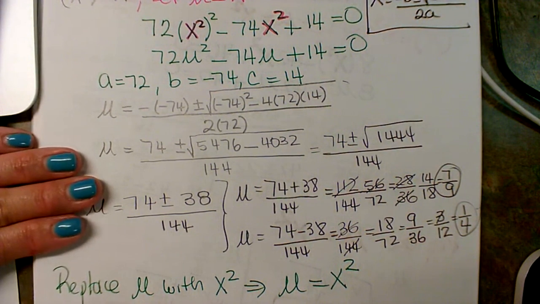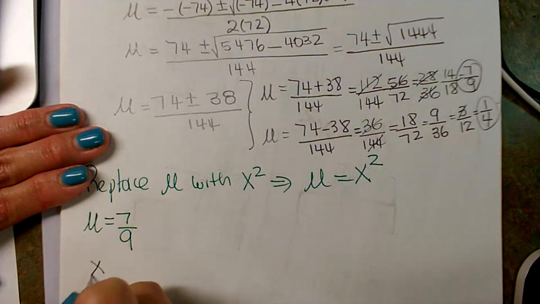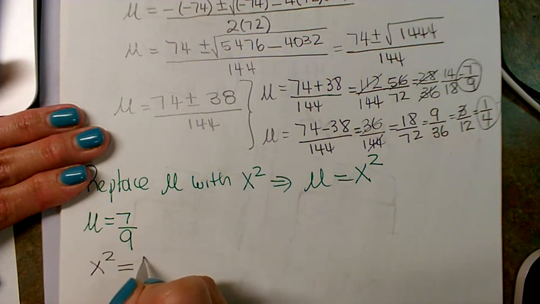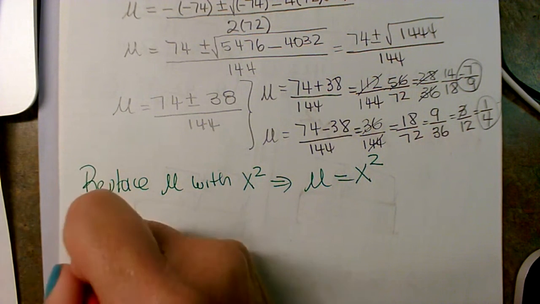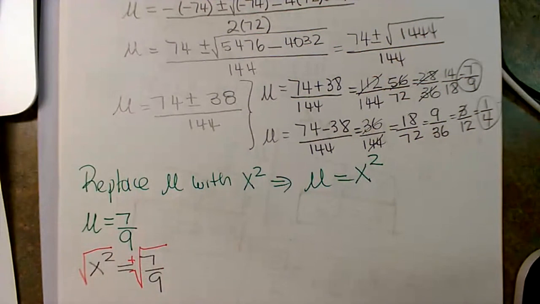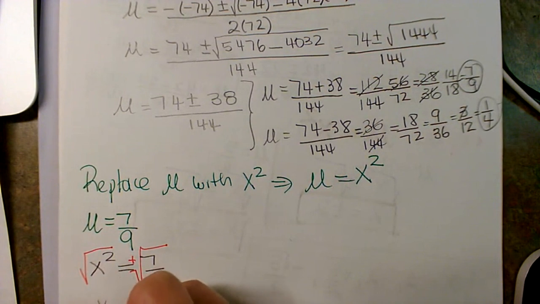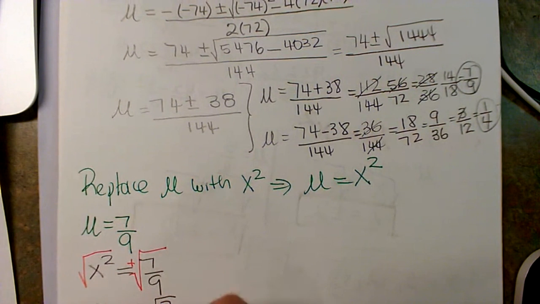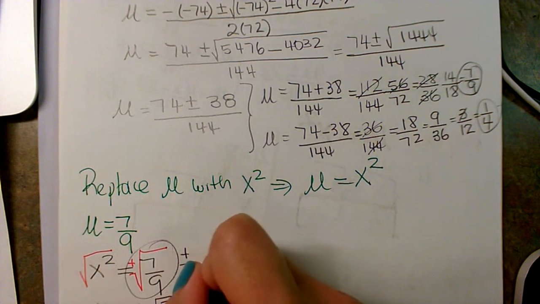So I have x squared is equal to 7 over 9. Apply the square root property on both sides. And what do I get? X is equal to plus or minus what? Square root of 7 over what? Over 3, right?